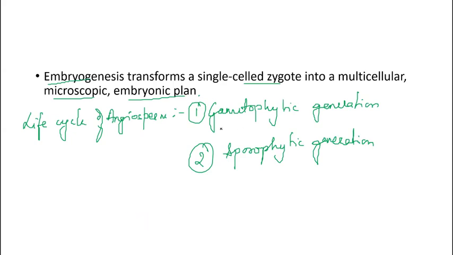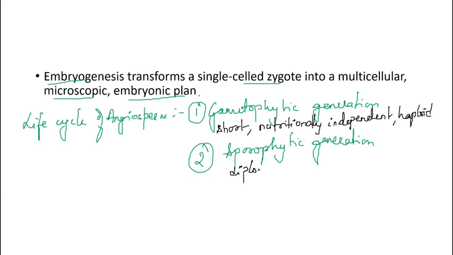The gametophytic generation is a short, nutritionally independent, and haploid phase. And the sporophytic generation is a diploid phase.